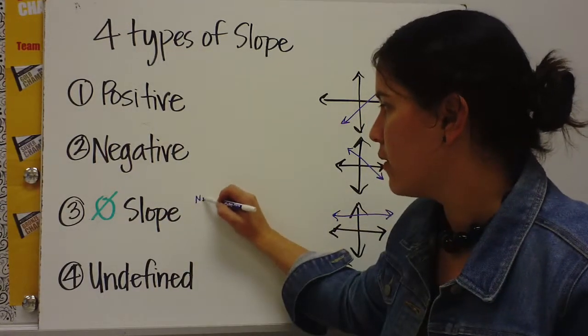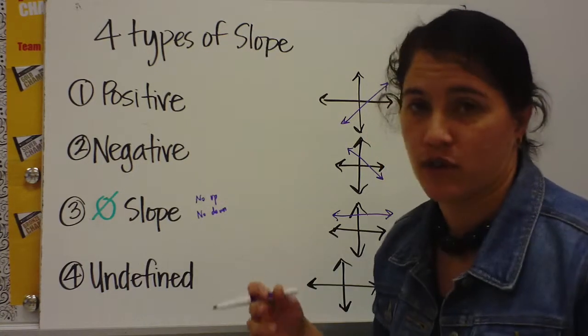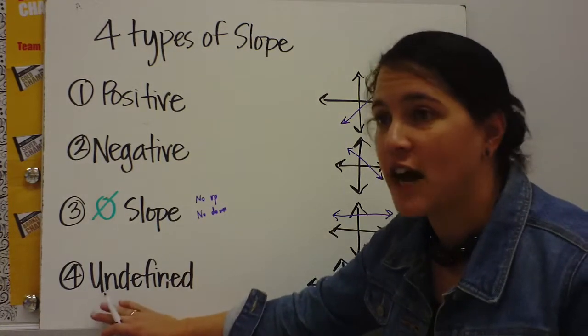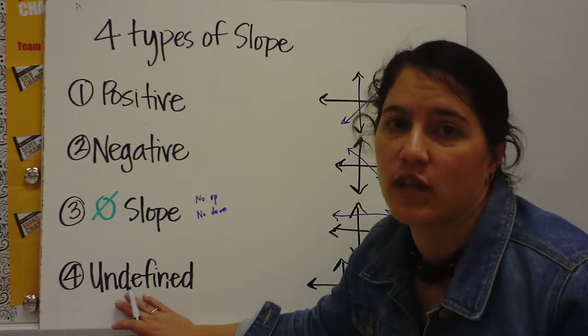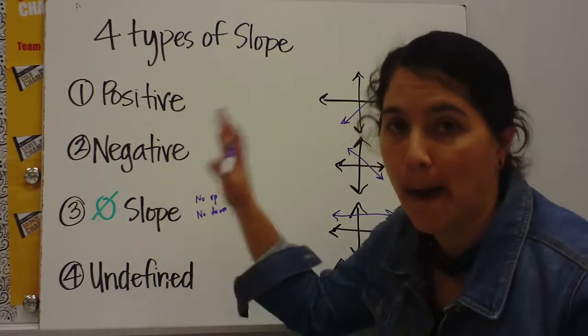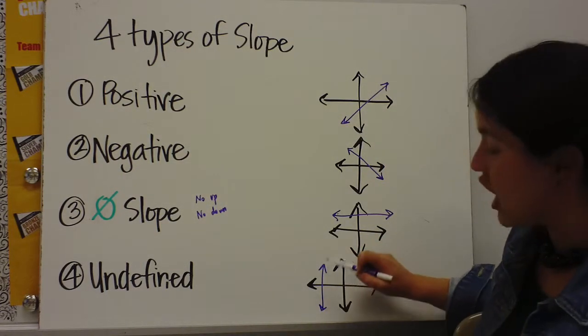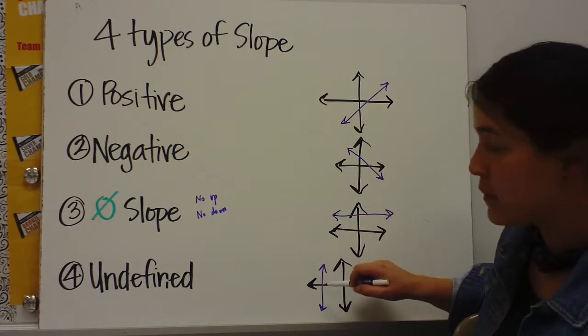So no up and no down is a zero slope. Undefined is the last one. That's when a line doesn't have a slope. It's undefined. And what that means is it's going up and down. So it's a vertical line going up and down. That is an undefined slope.